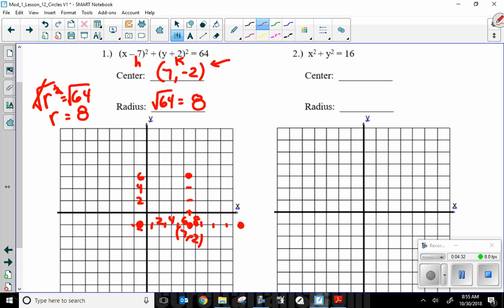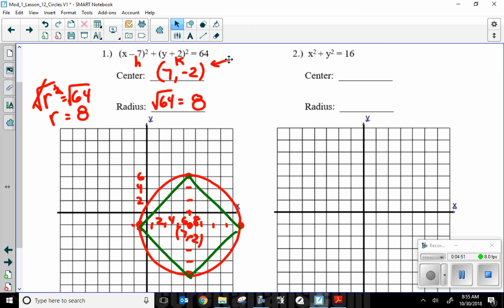And down, 2, 4, 6, 8, here. And I'm going to have to connect these in the fashion of a circle. Please do not connect them with straight lines. That is not a circle, that is a diamond. A circle is obviously curved and should look somewhat like a circle when you're done.